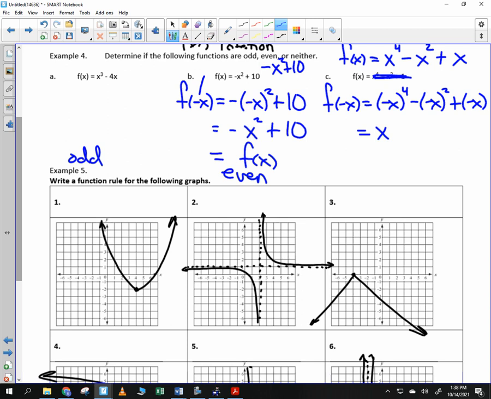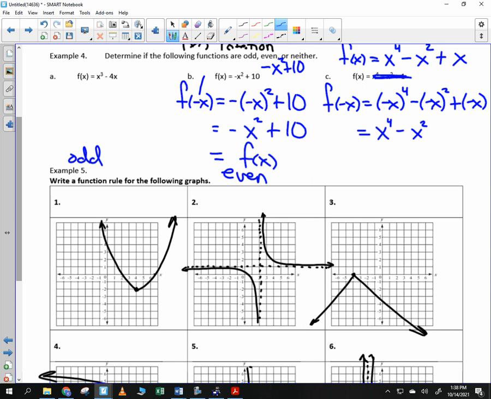X to the fourth. The negative will disappear after you multiply it 4 times, right? So an even number will produce positive, whereas an odd number will produce negative. Next one will be a minus x squared or a plus x squared? Be a minus x squared, because negative x squared is x squared and then subtracting.